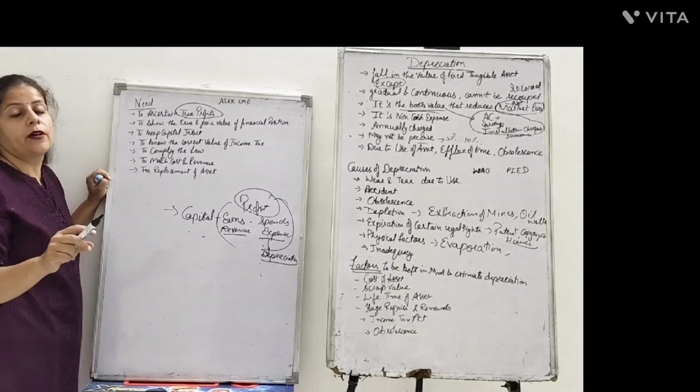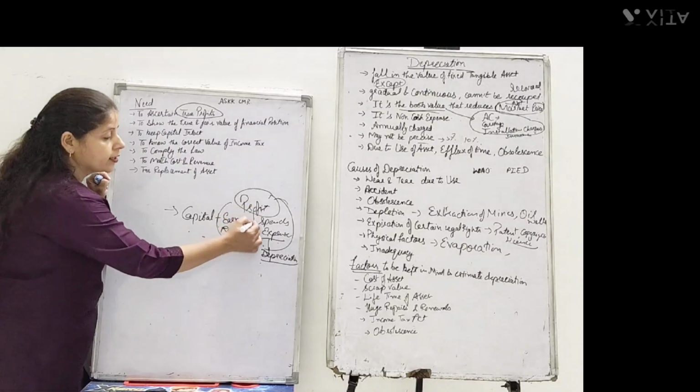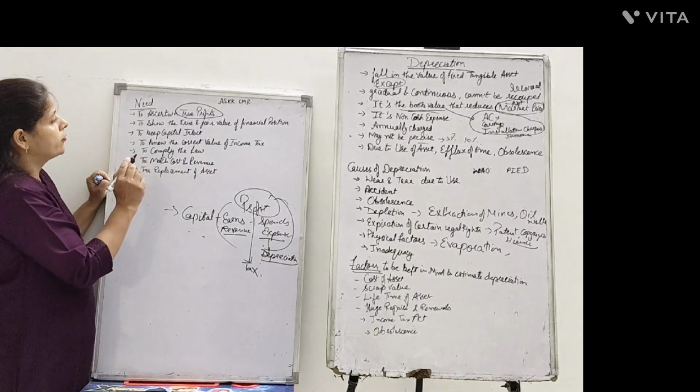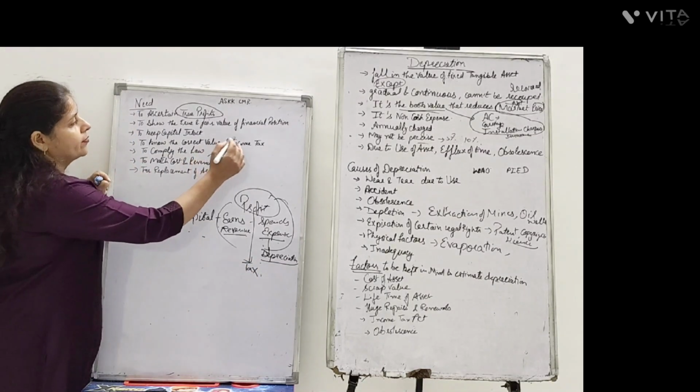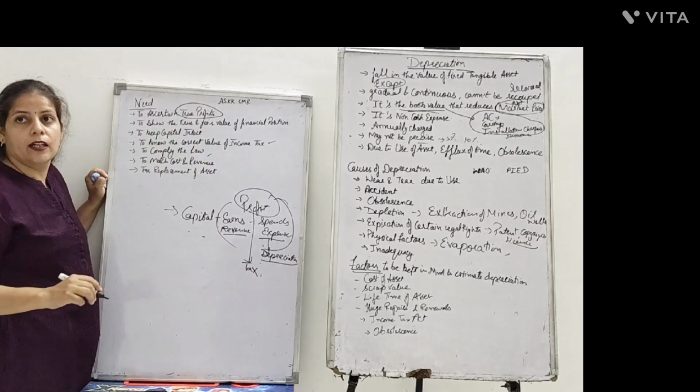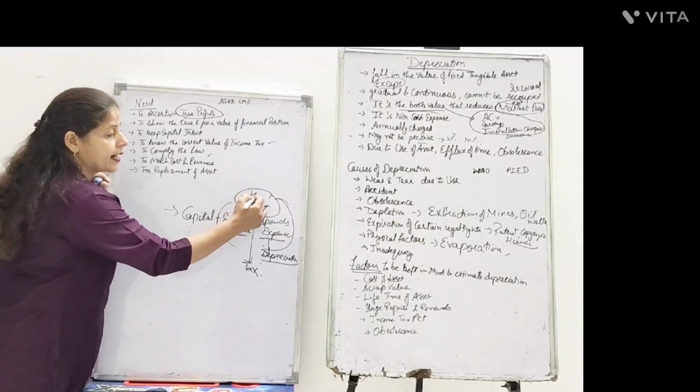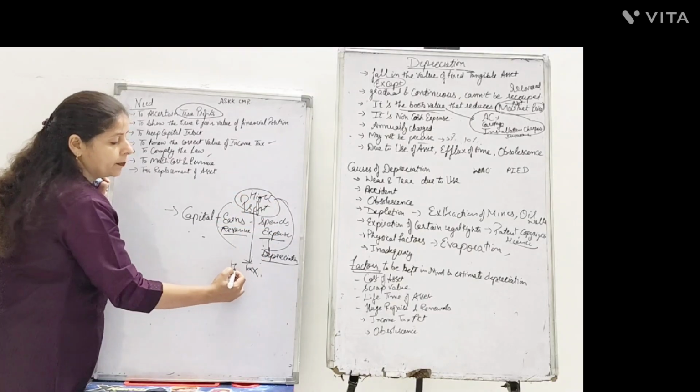Why are true profits needed? Because on the profit base you will pay your tax. Whenever you have to comply with the law and find out the correct value of your income tax, if you show high profits, then you will pay high tax.